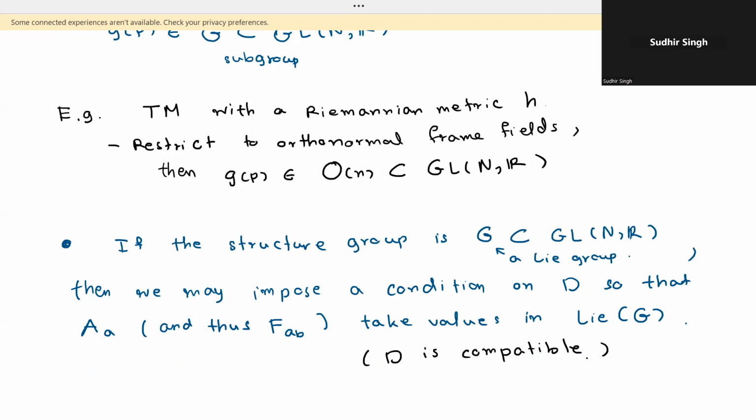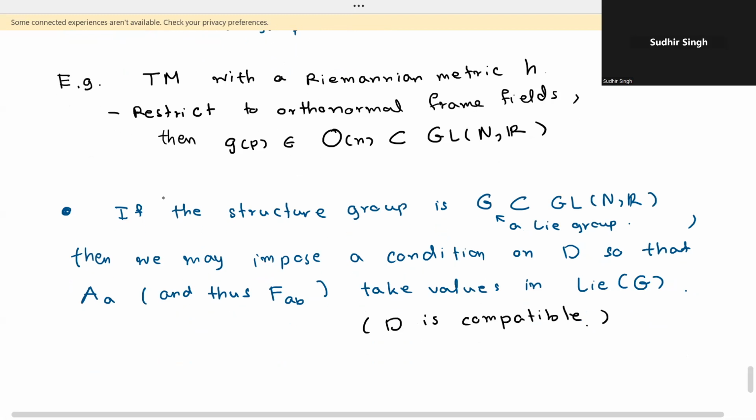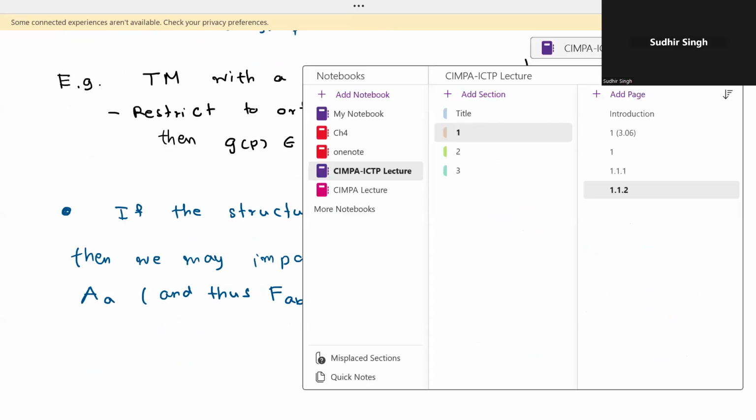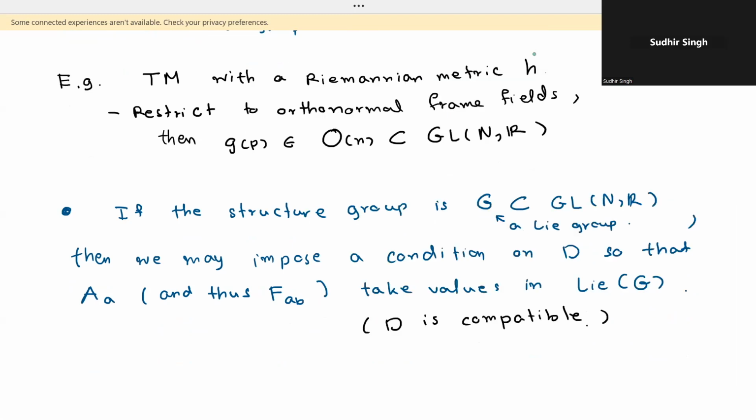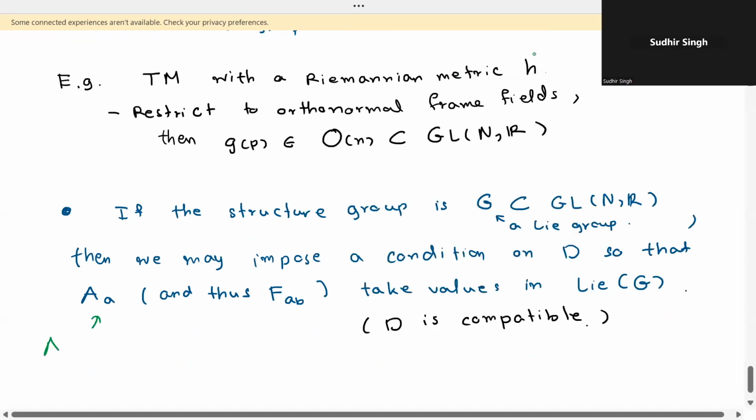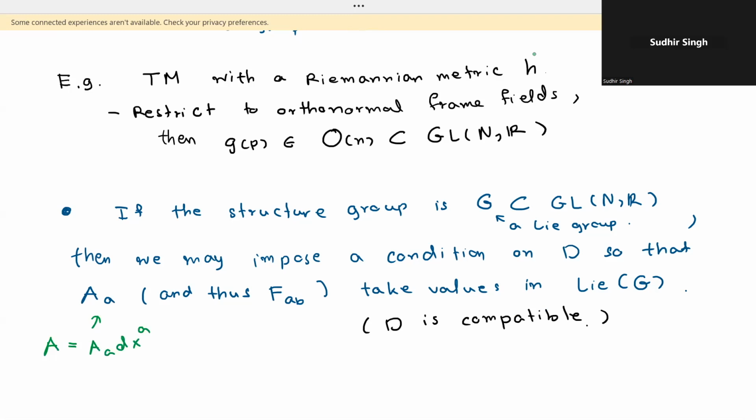Okay. And I think I have defined these components of a connection. Just wait. Yeah, recall that the connection one form in a coordinate neighborhood you can write like this. So this is A subscript a here. And for F_ab, it is from this.